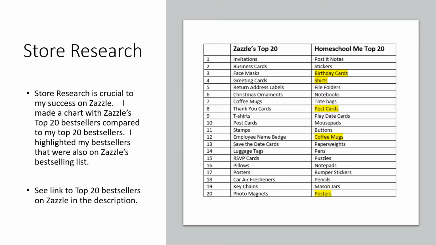So basically, this is a chart, and these are from my own research, what I found to be Zazzle's top 20 best-selling items. I compared that to my top 20 for Homeschool Me best-selling items. Anytime I saw something on my list that also showed up on Zazzle's top 20, I highlighted it.